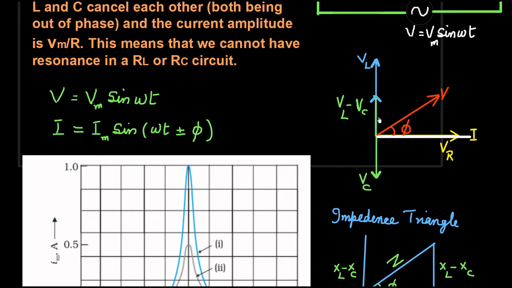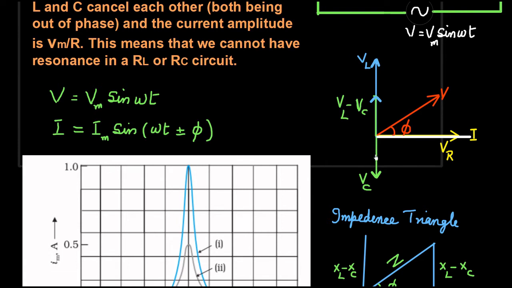Voltage across inductor is represented by VL, which leads ahead of current by a phase pi by 2. Voltage across capacitor is represented by VC. VC lags behind current by a phase pi by 2.